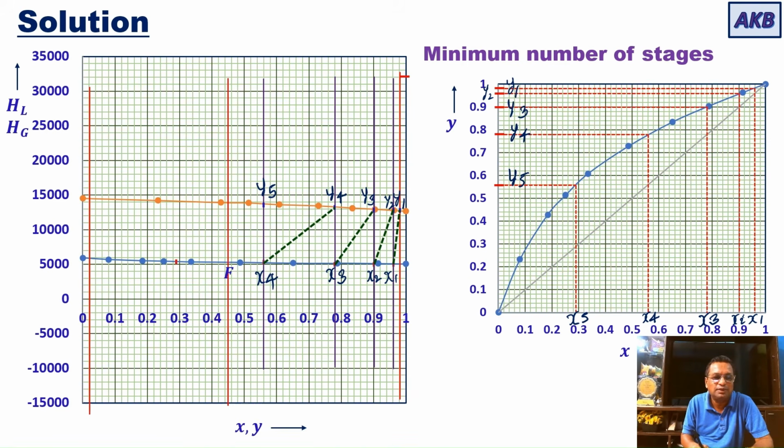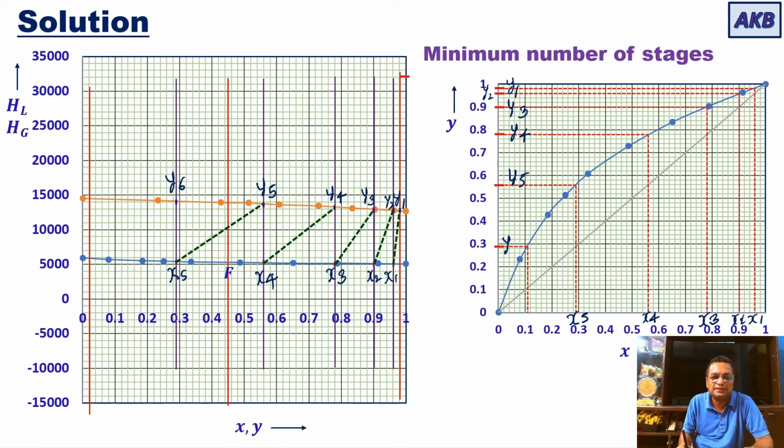Come back to the enthalpy concentration diagram, locate x5, draw a vertical line through x5, connect y5 and x5 with a tie line. In the process, you get y6, which is equal to x5, that is 0.29. Come back to the distribution diagram, locate y6.